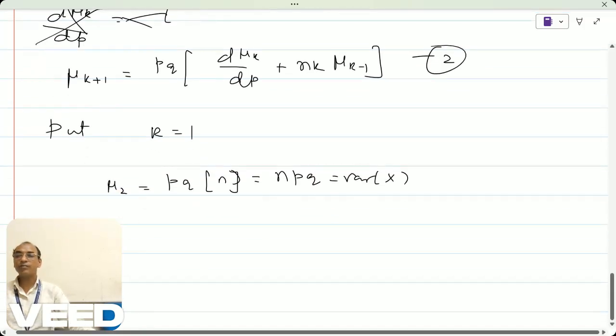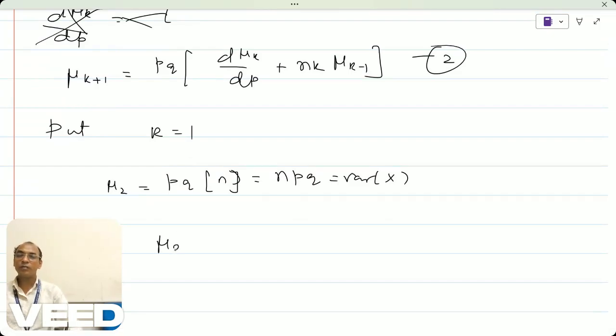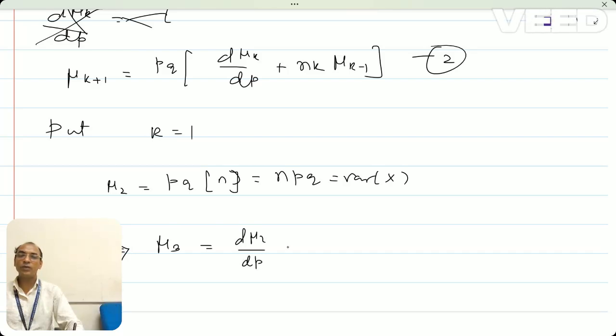Suppose I take k equal to 2. Then what will happen? Mu3 will be nothing but pq into d mu2 by dp plus 2 into n into mu1. But mu1 is already 0. Mu2 is npq, where q is also 1 minus p.